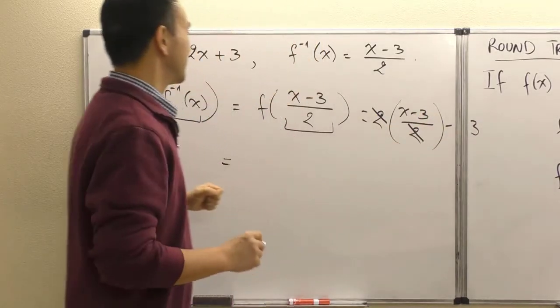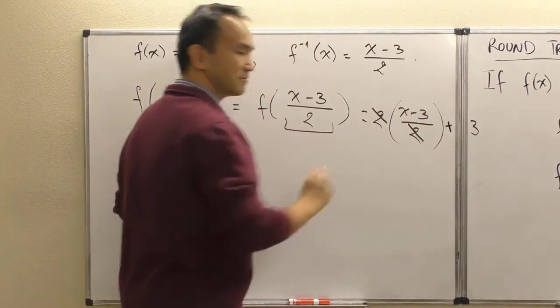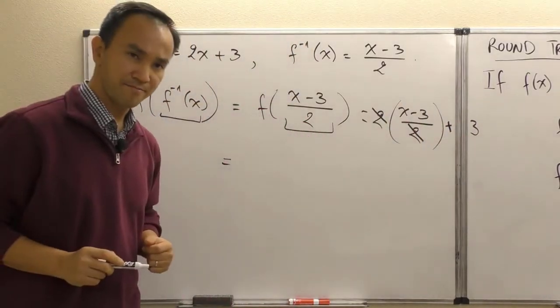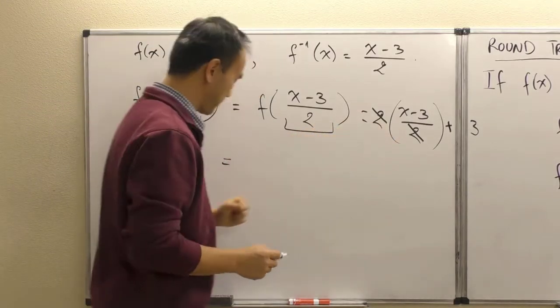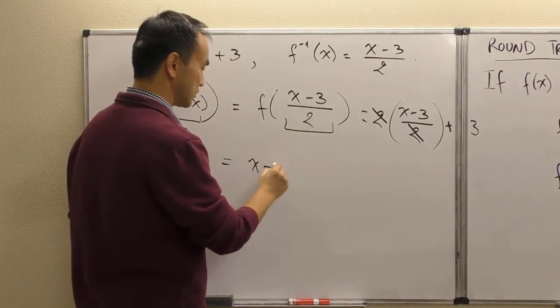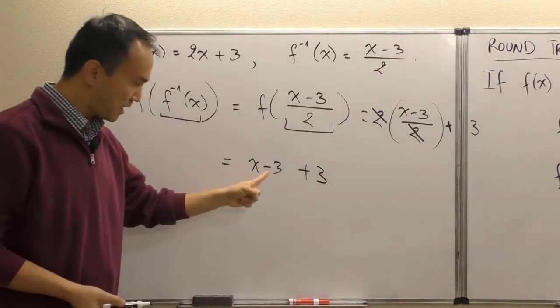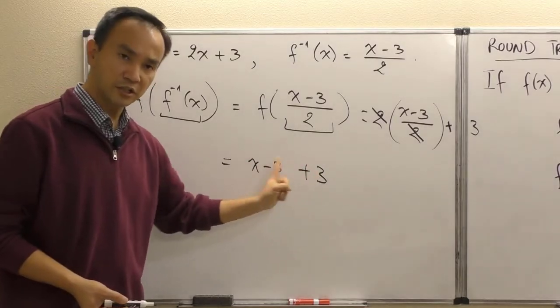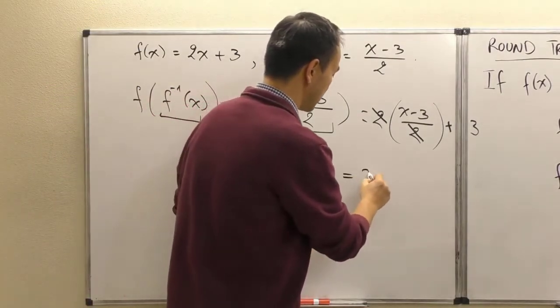All right. And as a matter of fact, I just now realized it should have been an add. Okay, and so now canceling the common factor 2 right here gives me x minus 3 and plus 3. And now minus 3 and plus 3, these are opposite terms. We can cancel them, and we end up with x.